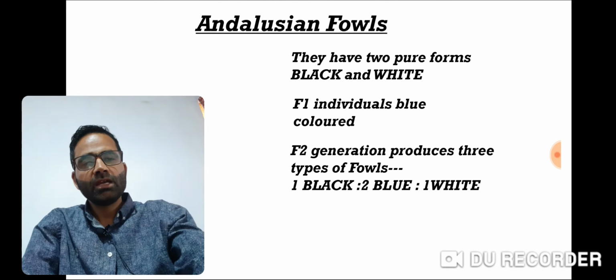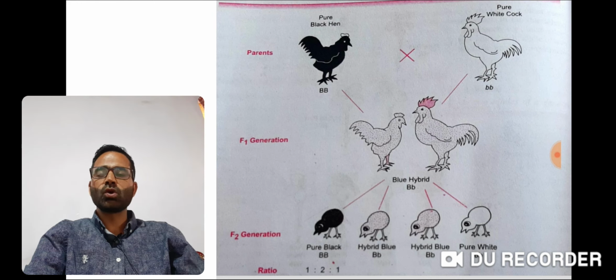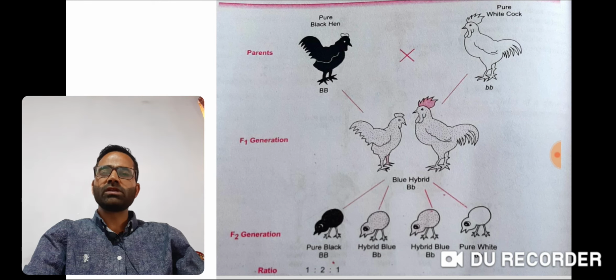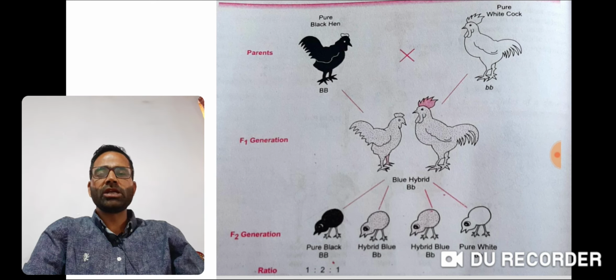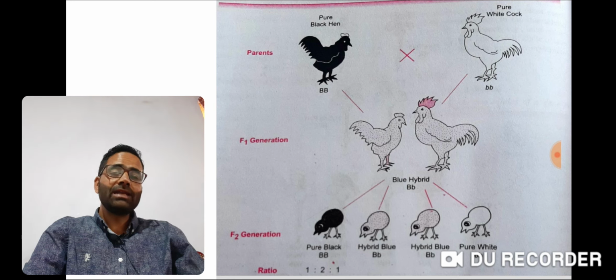We can see here with the help of the diagram how this incomplete dominance occurs in the Indolation flowers. The black flowers are denoted by the allele capital B, and white flowers are denoted by the allele small b.